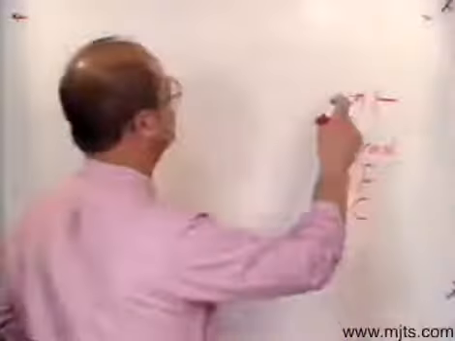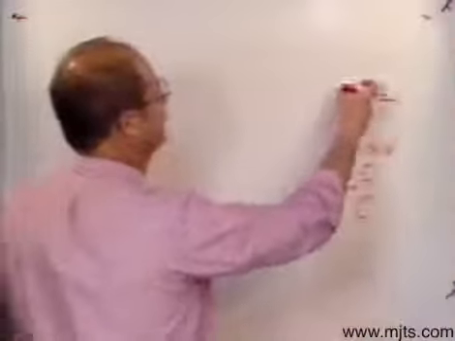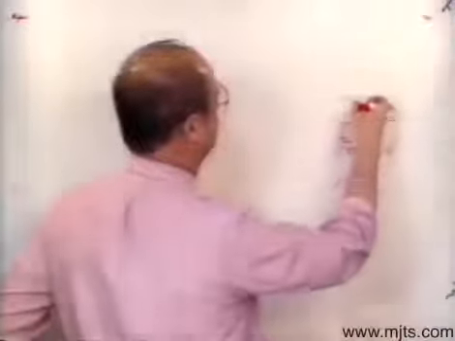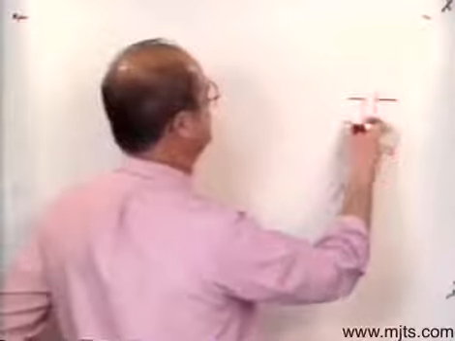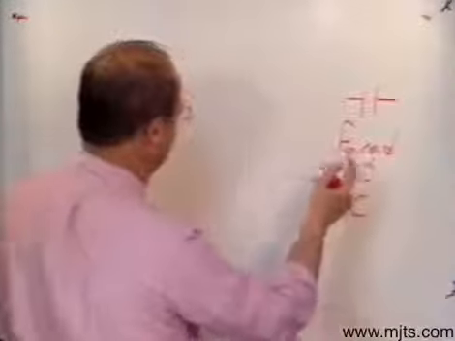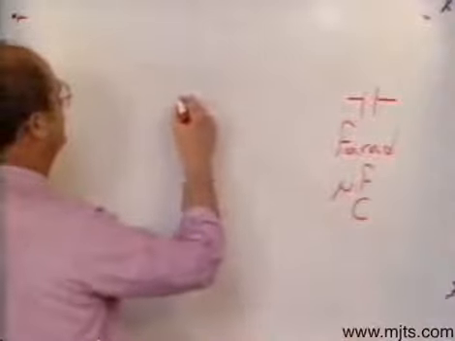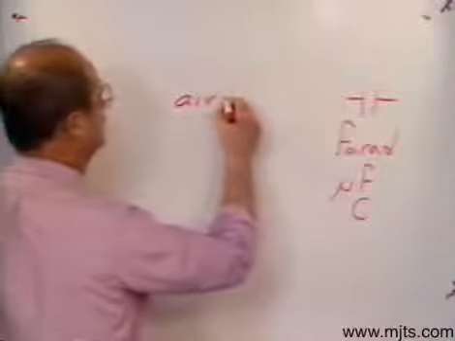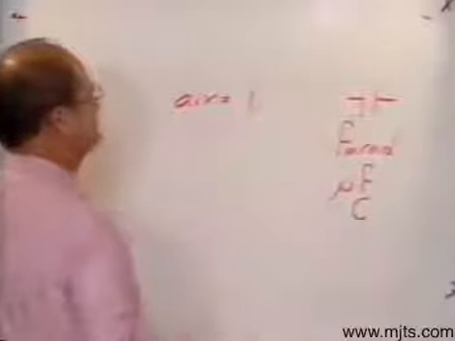Now, capacitors, you can see that I've got a capacitor drawn here. Capacitors are going to have a dielectric material placed between those plates. There's a standard there, and we compare that to air. Air has a dielectric constant of 1.